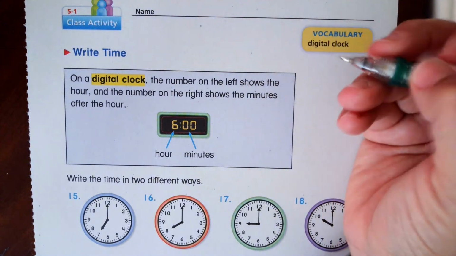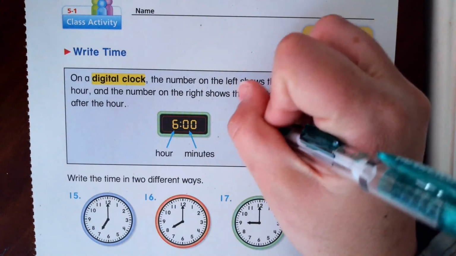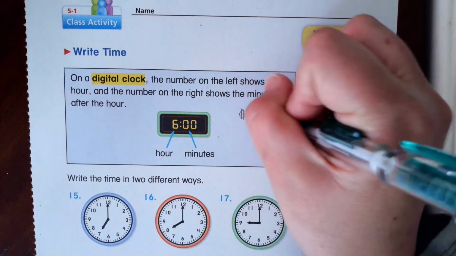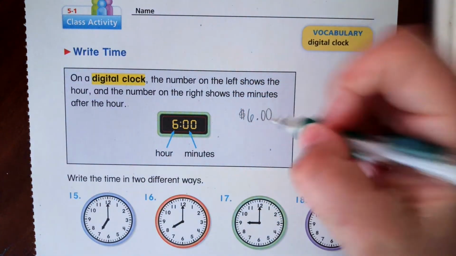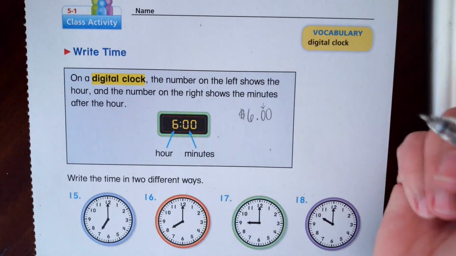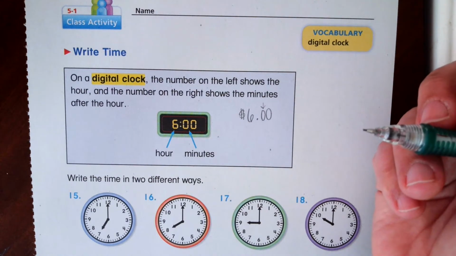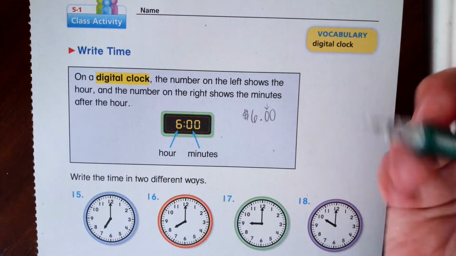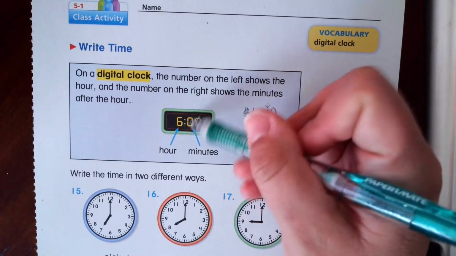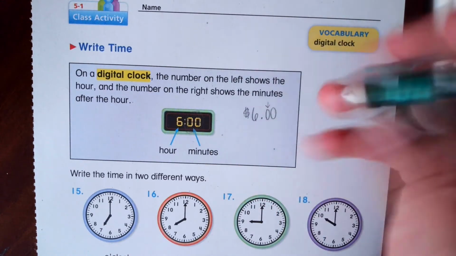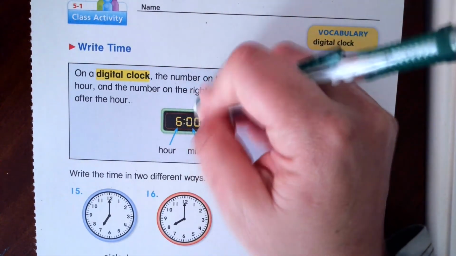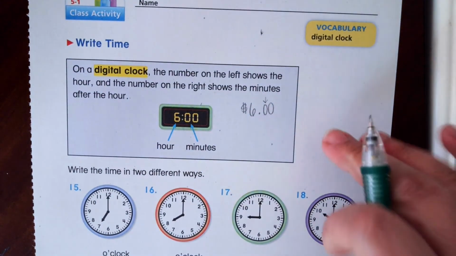Now, kind of like with money, when we had like $6, you have to include that zero right there or it doesn't work out. Okay, so there's always two numbers after the colon and one or two numbers before the colon.